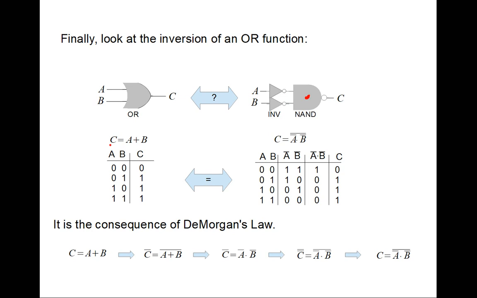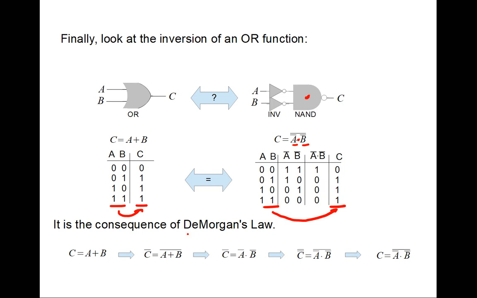So what we do is we look at this, and this is the original truth table, and this is the truth table of inverted inputs and ANDing them, and then taking the inverse of the result. And guess what? If you look at these columns and compare them to those columns, you find you get the identical relationship.